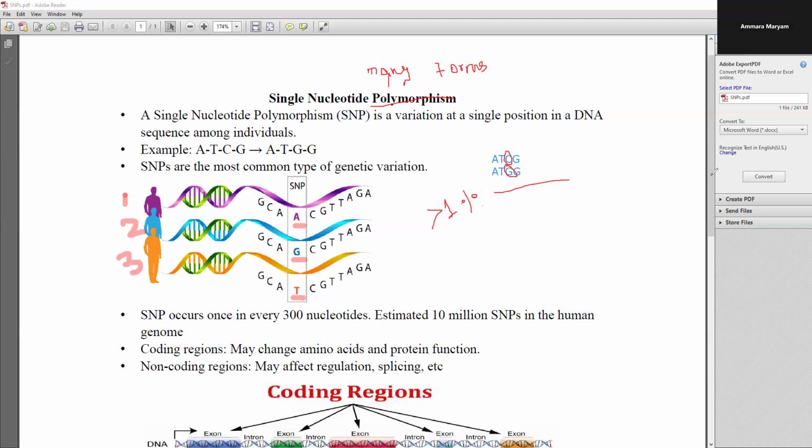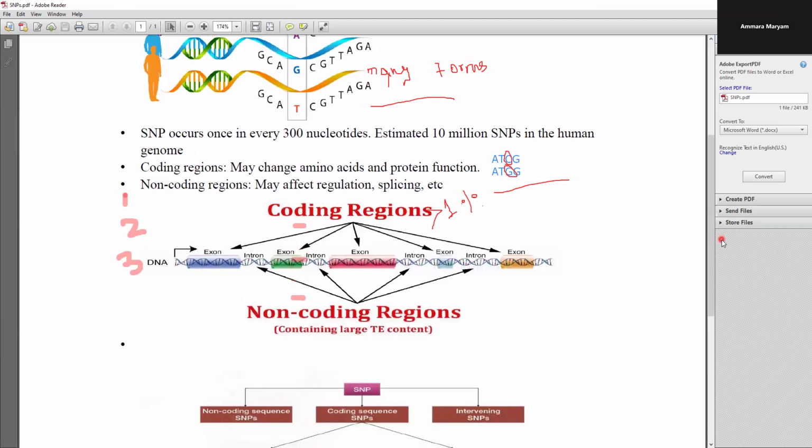Now the question is, where do these SNPs occur? These SNPs can be part of the coding region or part of a non-coding region. Coding regions are those regions that can be the gene. They can form a final product, that is the protein. The non-coding regions basically do not form any kind of protein.